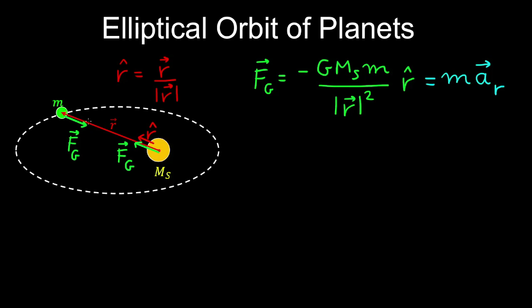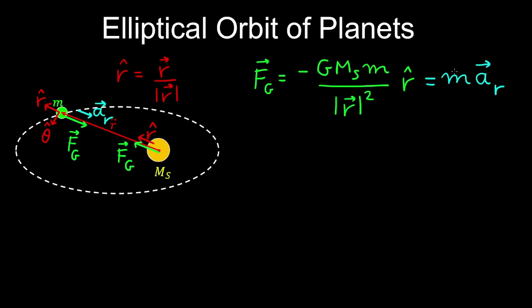So here we can see the force points in the opposite direction to the r hat unit vector. And in polar coordinates, we have a perpendicular theta hat direction. So the only acceleration is in the radial direction.